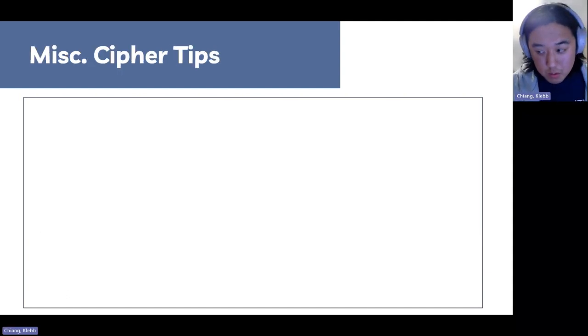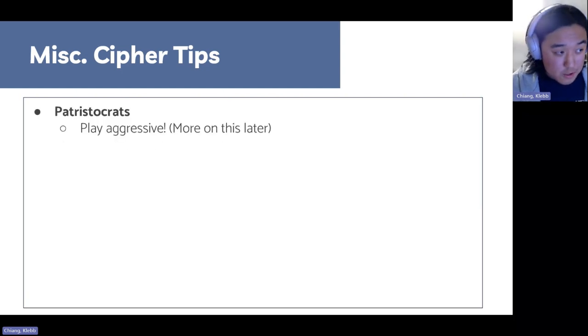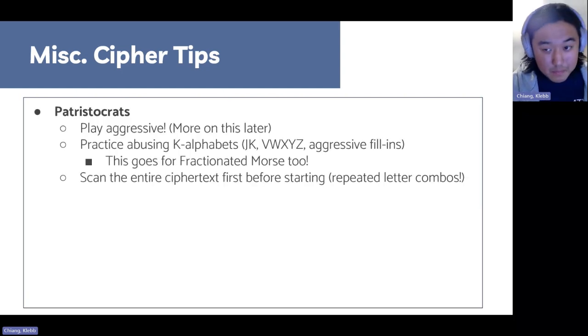Okay, a few more miscellaneous cipher tips. First, Patristocrats. I'm just going to run through this really fast. Play aggressive. We'll talk a little bit more about what aggressive means in a couple of minutes, but just play aggressive on these. Get used to exploiting K alphabets.